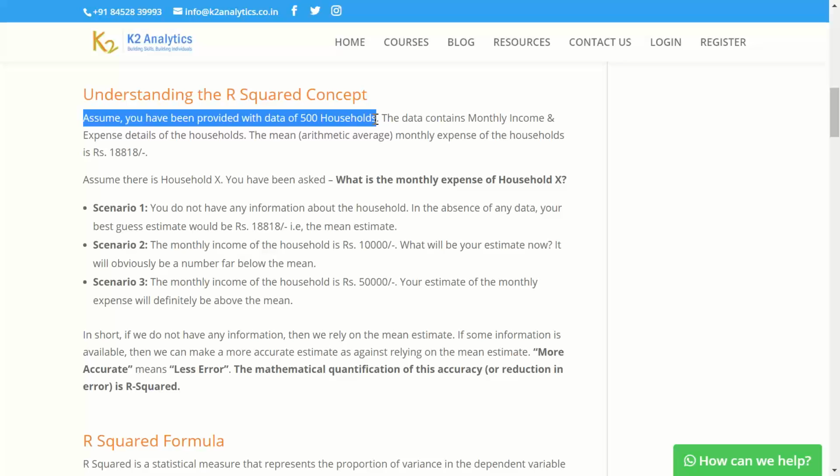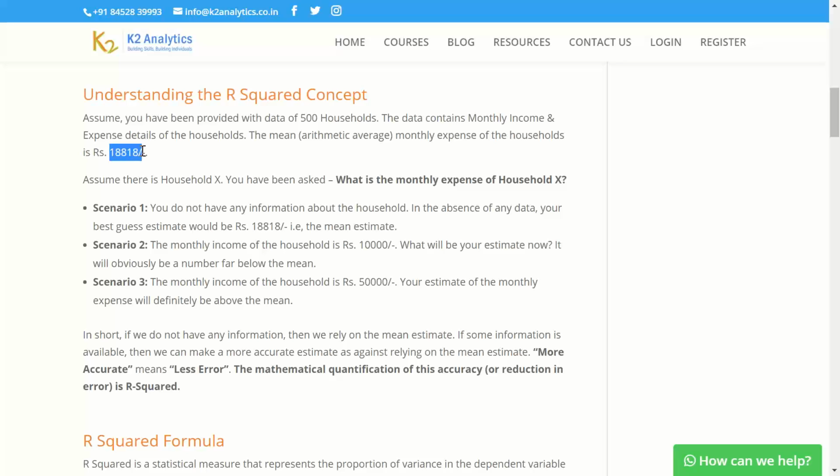And you quickly, in Excel, compute the arithmetic average, the mean expense of the household. Some household is spending 50,000 rupees per month. Some households are spending only 5,000 rupees per month. The average comes out to be rupees 18,818.